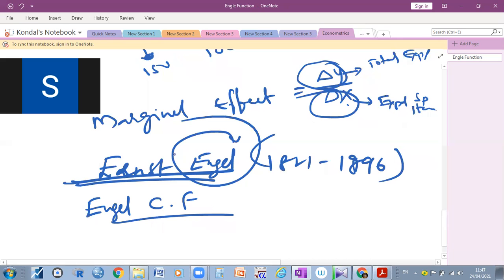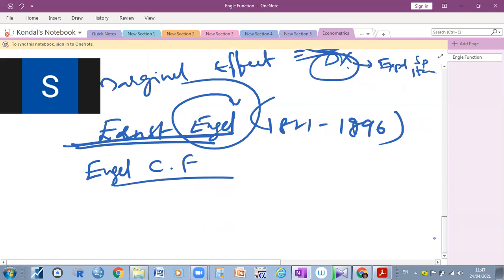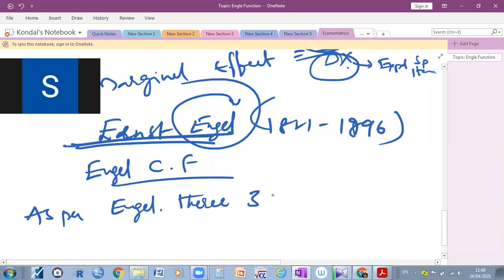As per Engel, there are three laws. Instead of types, we can write laws.